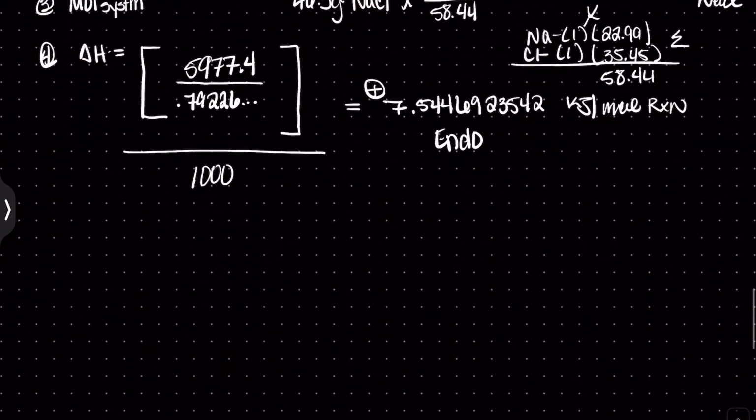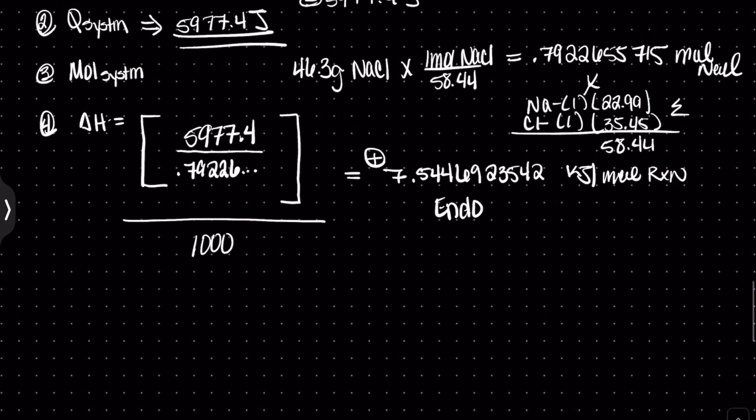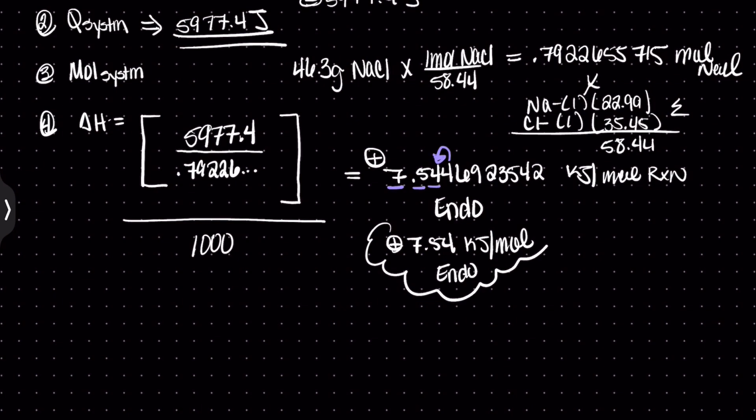So my final answer should be reported in 3 sig figs: 1, 2, 3. That 4 is not going to help me out. So I have a positive 7.54 kilojoules per mole. And I know it's a positive delta H, so that is an endothermic situation.